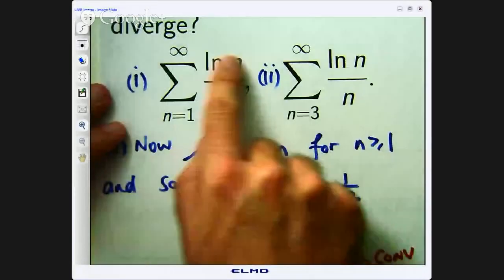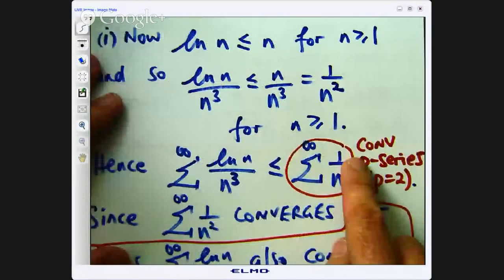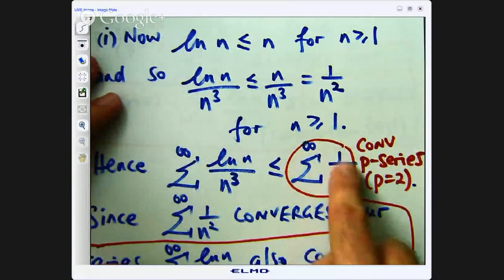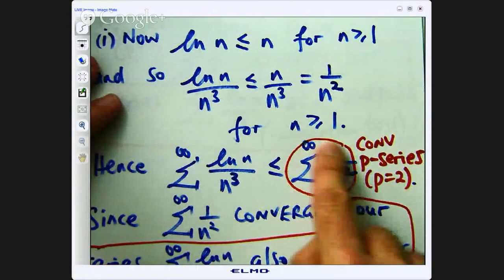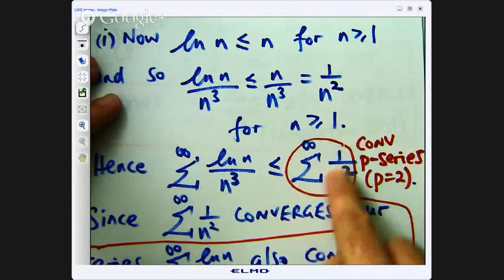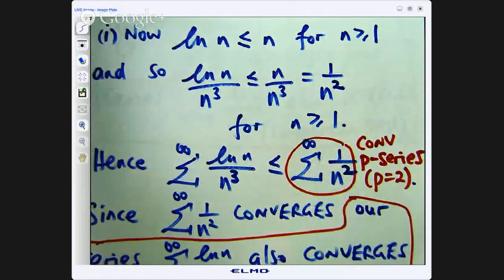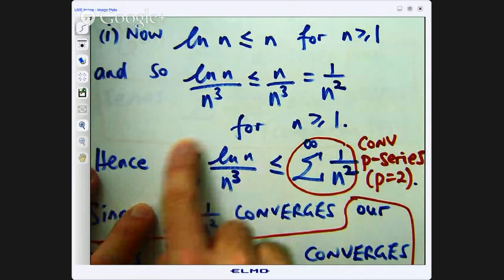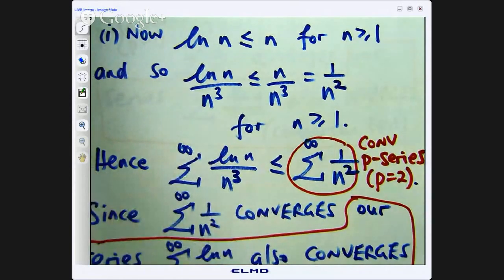Well, it comes in when we have this here. This is a convergent series, and so the sequence of partial sums associated with this p series must converge, right? And every convergent sequence must be bounded. So that means the sequence of partial sums associated with this is also bounded.